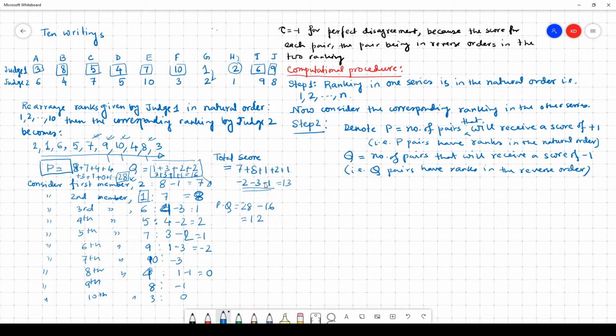Please check, am I right or not? There is a mistake. Please check why these two values are not the same. P minus Q should be 12 and the total score should be 13. Please find out the mistake.